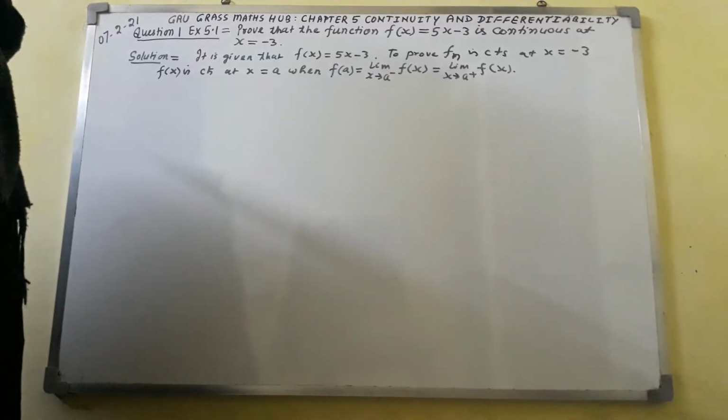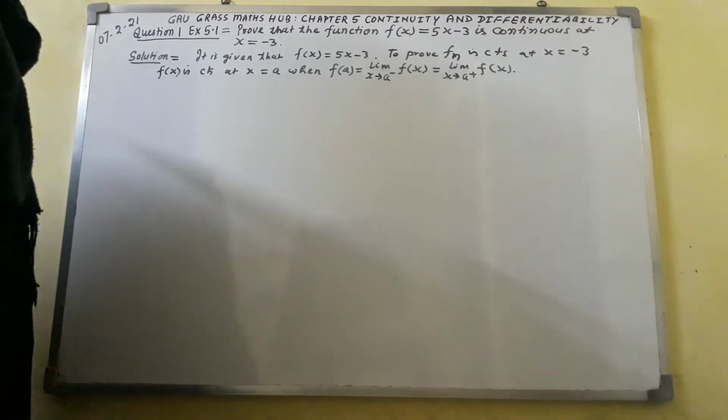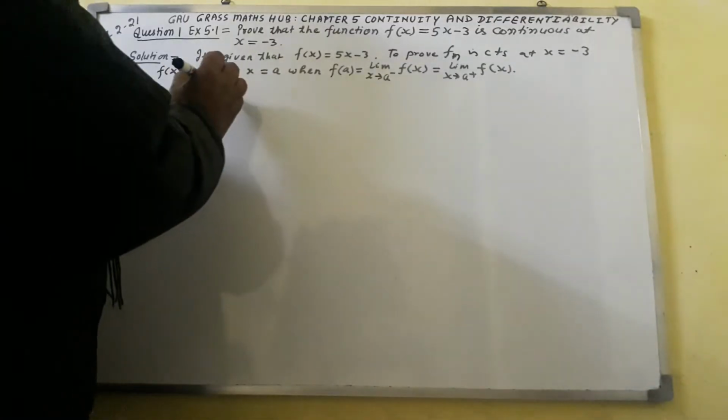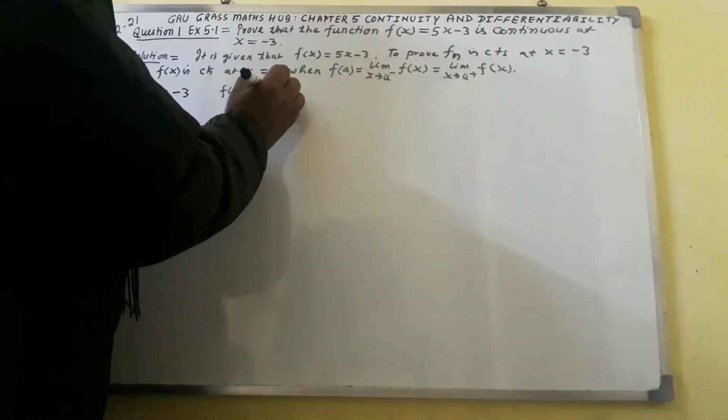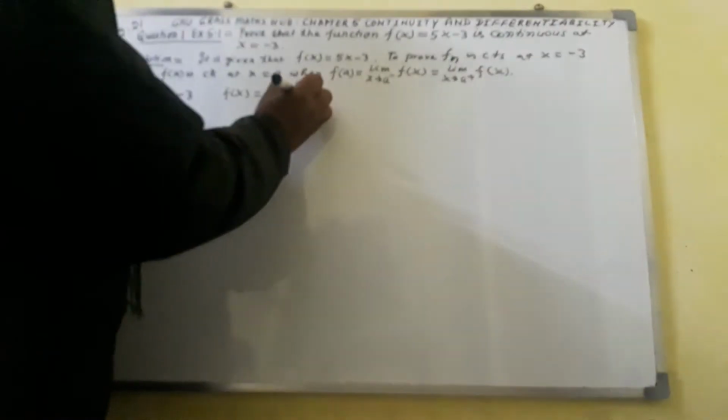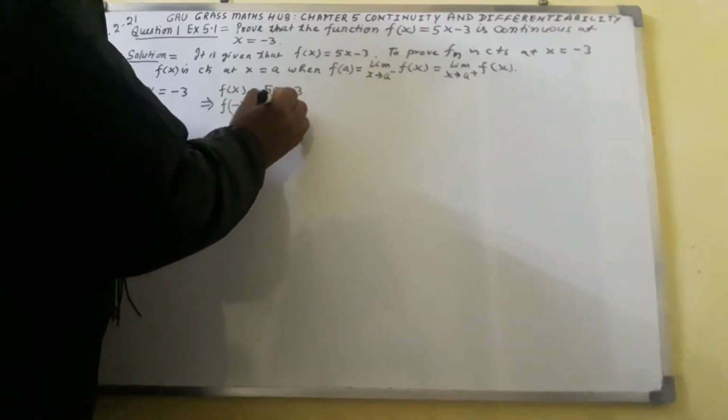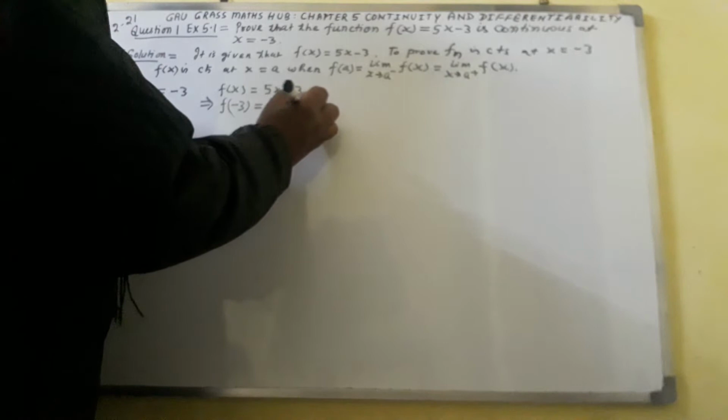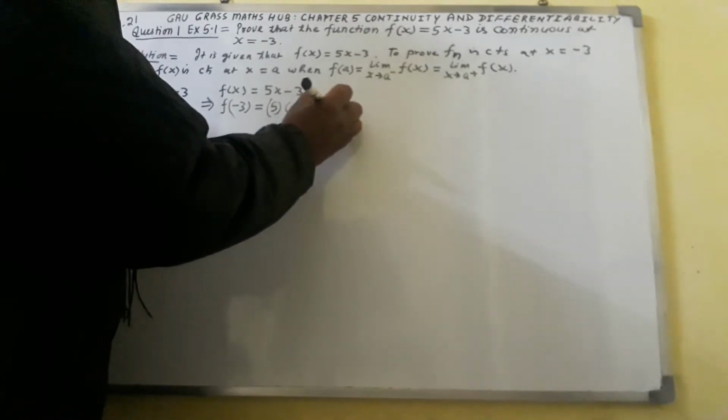So here it is given x equal to minus 3. Here I shall write at x equal to minus 3, f of x equal to 5x minus 3. Then it implies that f of minus 3 will be 5 multiplied by minus 3, minus 3 I shall write.